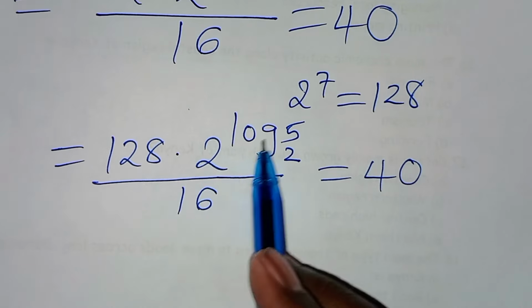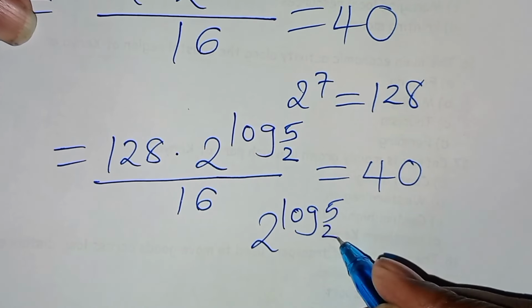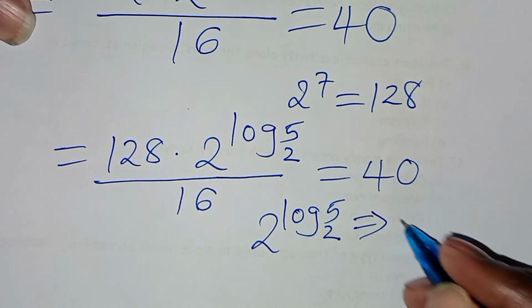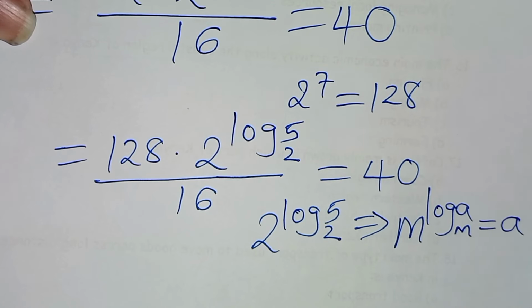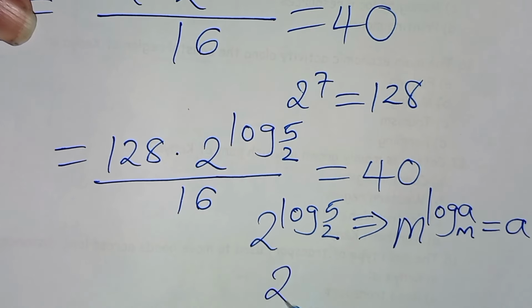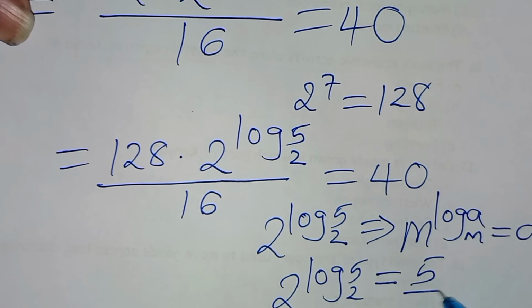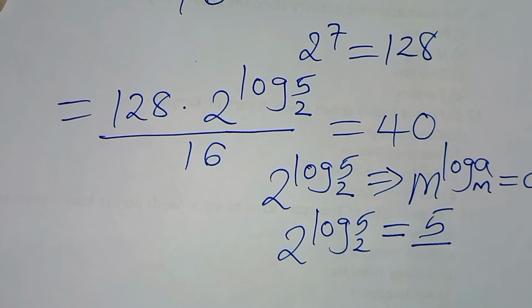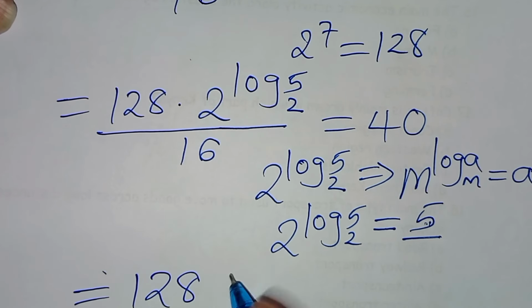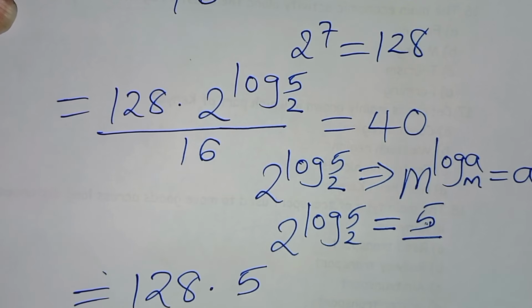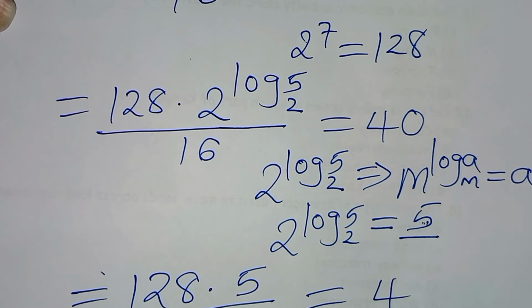The next step, we find that 2 to power log 5 to base 2 is essentially in the form of m to power log a to base m, which is equal to a. So that means that 2 to power log 5 to base 2 gives us a value of 5. So let's substitute this value of 5. Here we'll have 128 multiplied by 5 divided by 16, which should give us a value of 40.